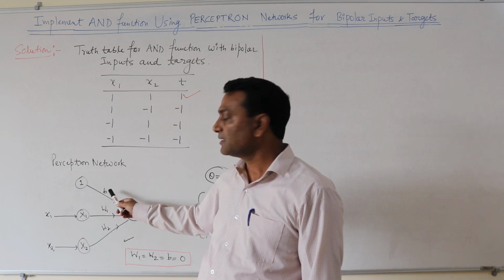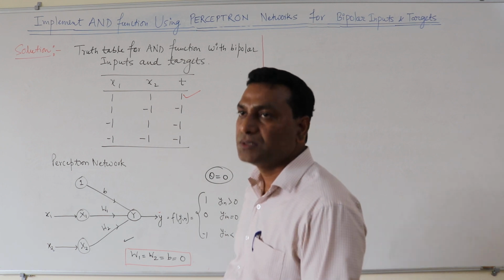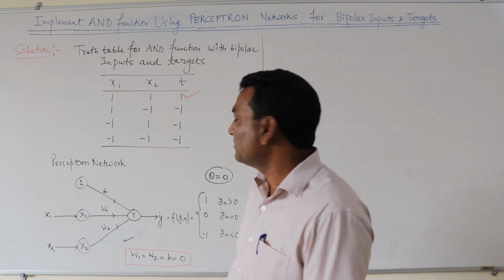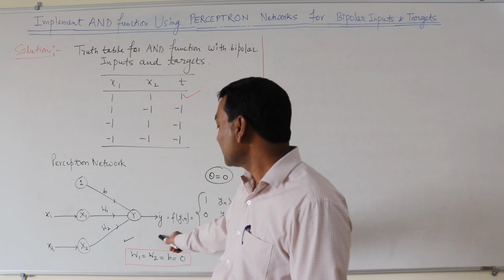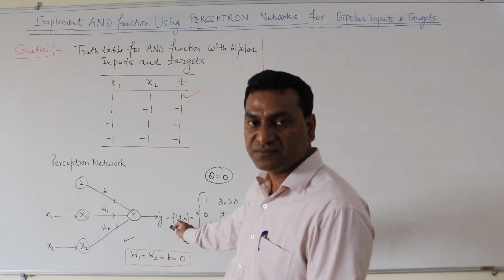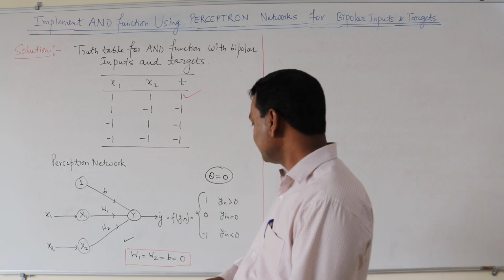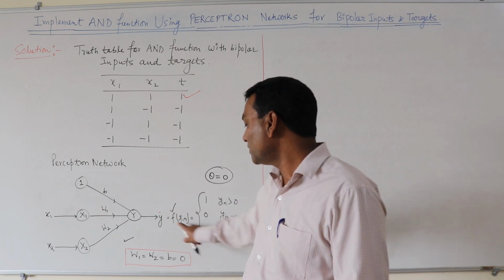This is y. Here we are taking the capital Y because it will also reflect the multiple outputs, and this is the actual output. This actual output can be found out by applying the activation function on the net input.